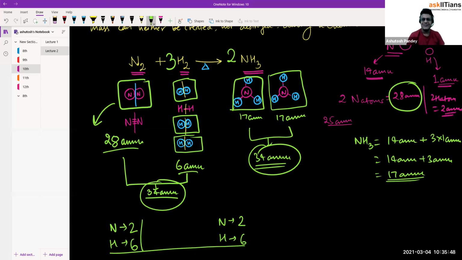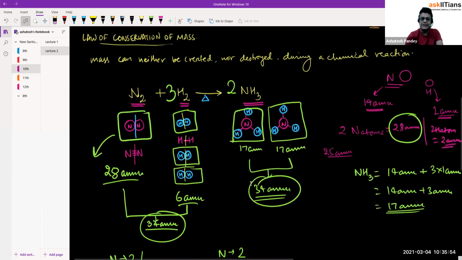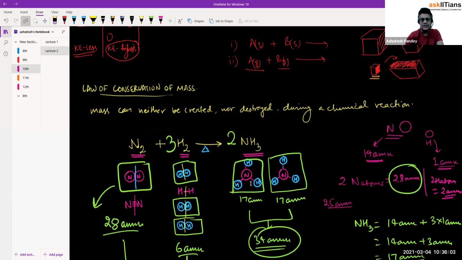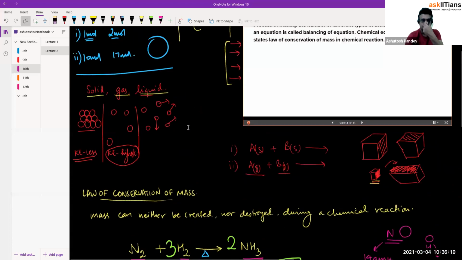We just need to balance the number of atoms of each element on the reactant side to the product side, and then the mass will also get balanced. That's how the law of conservation of mass says mass can neither be created nor destroyed, because whatever the mass before the reaction, the same will remain after the reaction is completed.